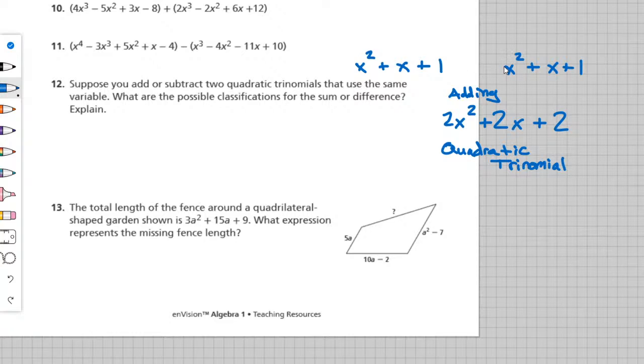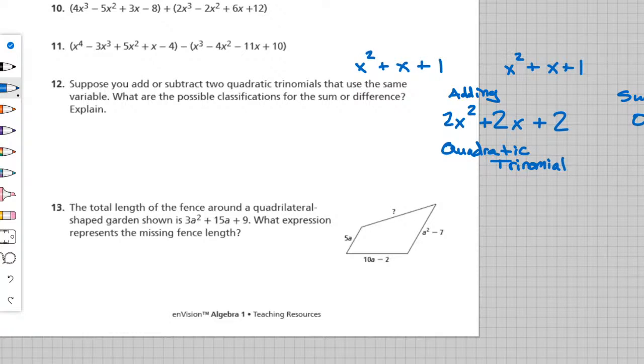So let's say then we were to subtract this. If I added those two, that'd be one thing. Then if we subtract it, anything subtracting itself is just going to be 0. So this would be 0x squared. x minus x would just be 0x.